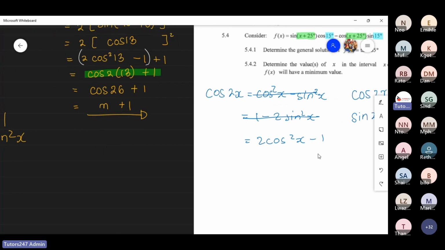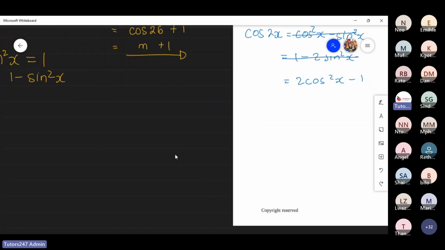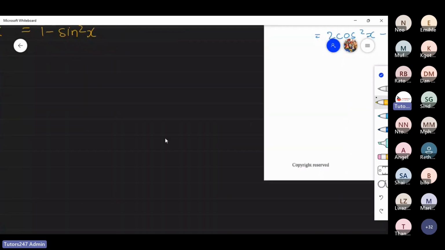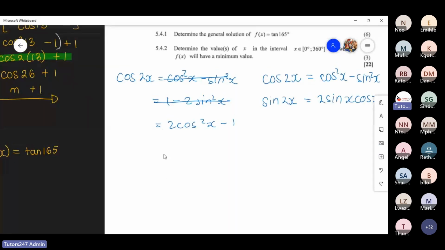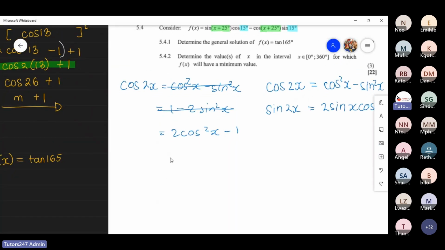Okay, so it's going to be f of x equals 165. So this is question 5.4.1. We have f of x is equal to tan of 165. Now, f of x was equal to, let's have a look, 25 and 15.